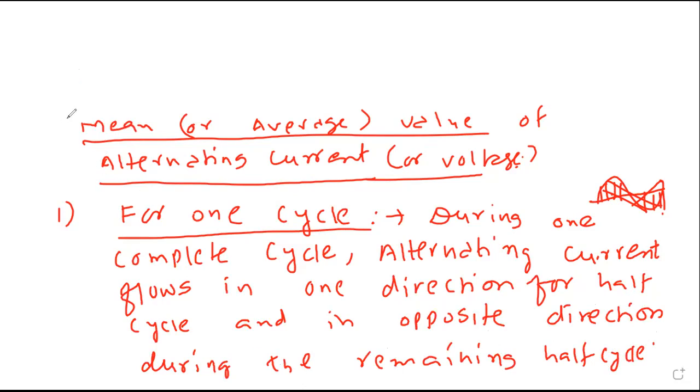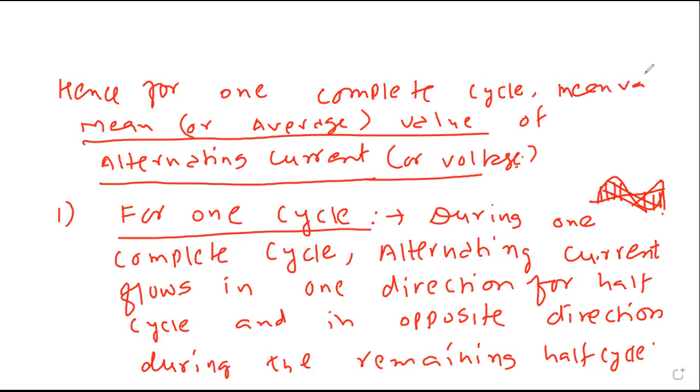Hence, for one complete cycle, mean value of alternating current is 0. Right.